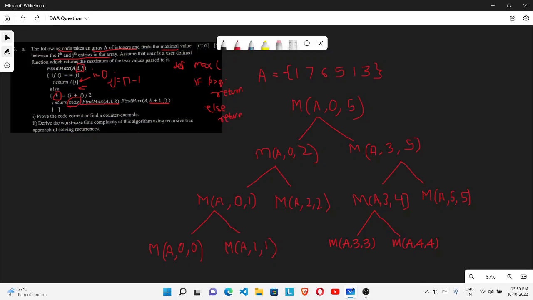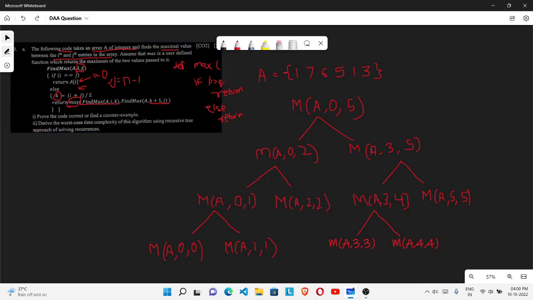Then it keeps getting divided into two equal parts. So you can see 0 to 2, because k will be (0 plus 5) by 2, so 5 by 2, which becomes 2.5. The decimal part is neglected, so this becomes m of a, 0, 2, m of a, i, k, and m of a, k plus 1 and j.